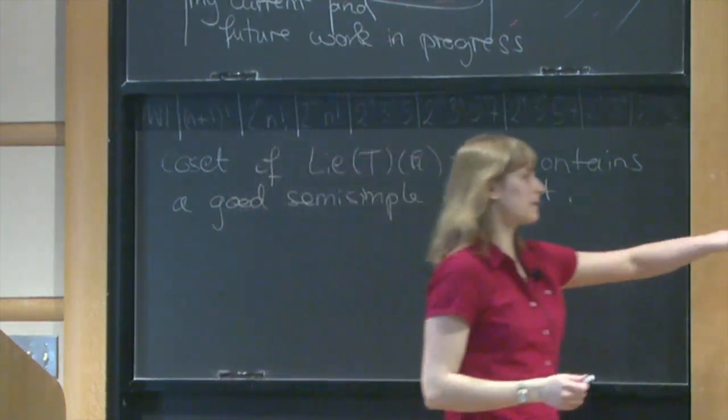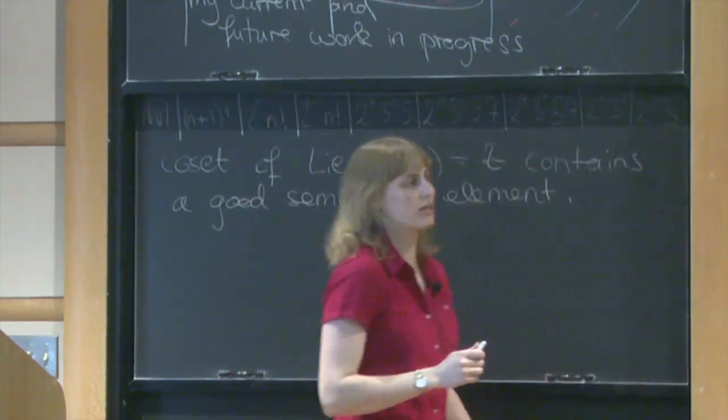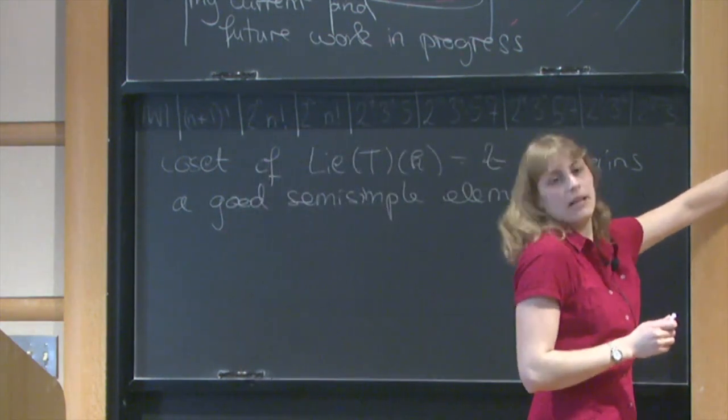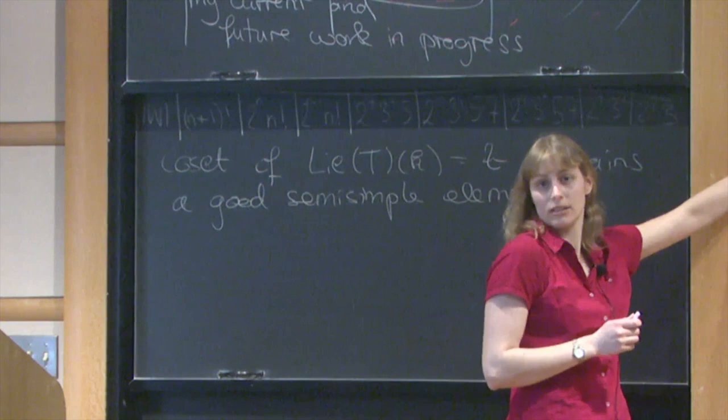So that means, up to this small exception, this condition is precisely what we need in order to get the input for JKU's construction.